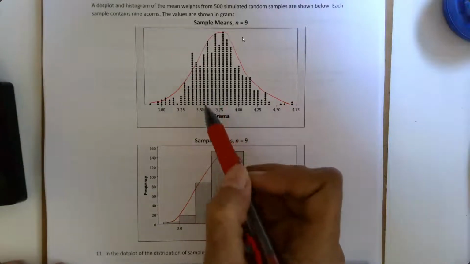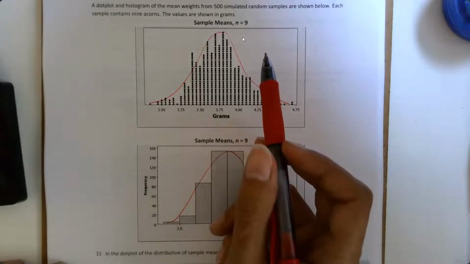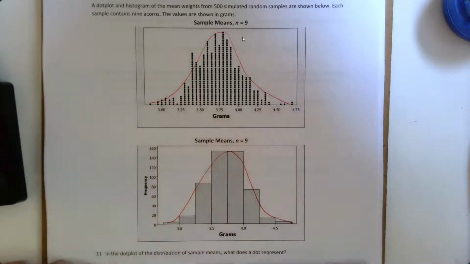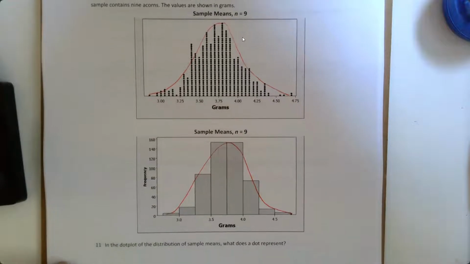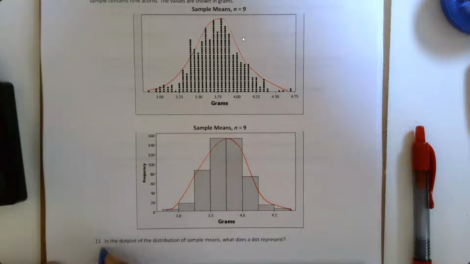Remember that we took random samples from the population and we calculated the mean. So each dot represents the sample mean.